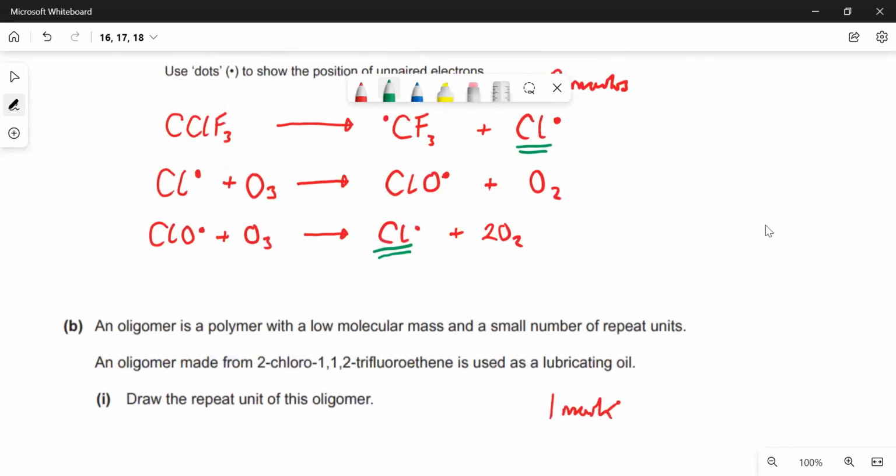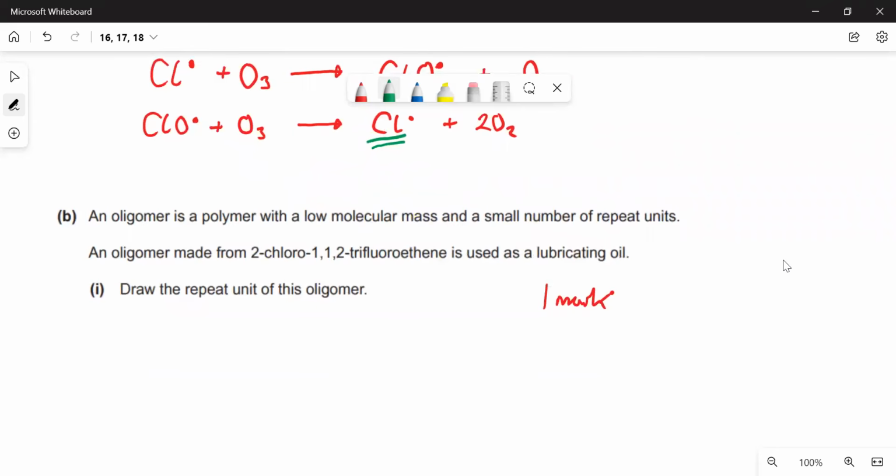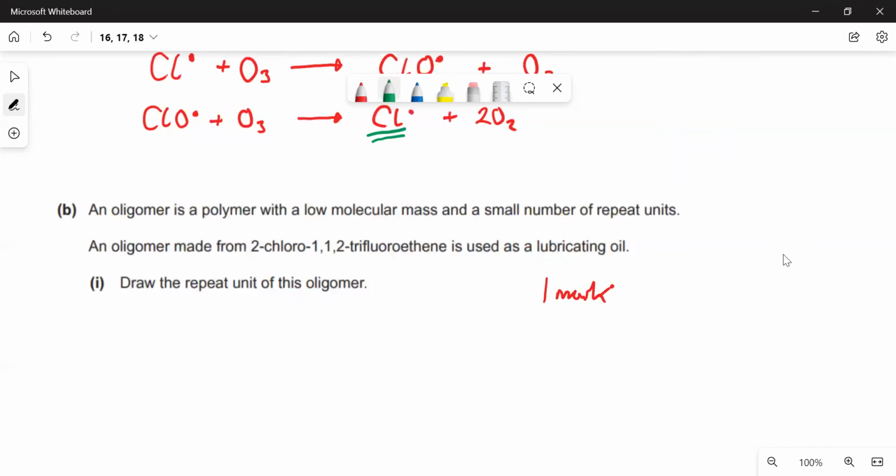Okay. An oligomer is a polymer with a low molecular mass and a small number of repeat units. An oligomer is made from 2-chloro-1,1,2-difluoroethane. Let's draw that out. So what does that look like? It's got 2 fluorines on carbon number 1, 1 fluorine on carbon number 2, and a chlorine on carbon number 2.